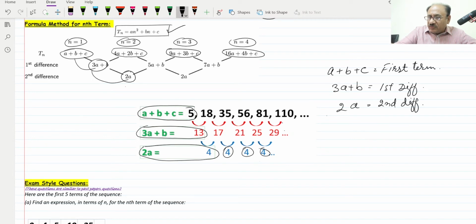This is how you will be taking these, and then we will simultaneously solve these three equations.